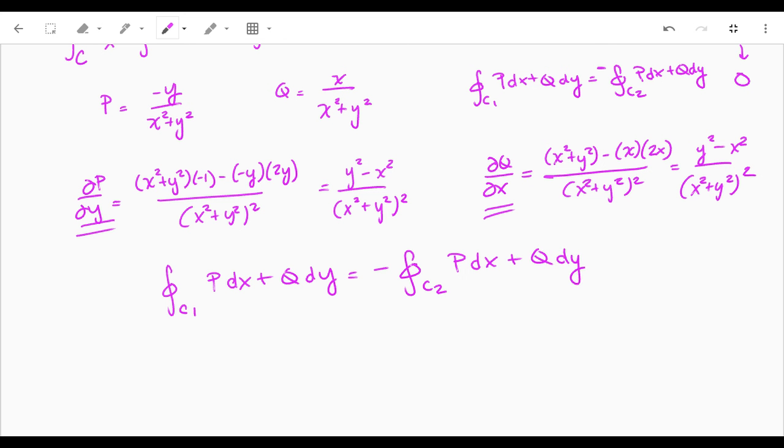All right. So then C2 is the circle, and we totally arbitrarily chose it, but I shouldn't say arbitrary. We chose it so that we can do this. C2 is a circle with radius a, doesn't even matter, centered at the origin.